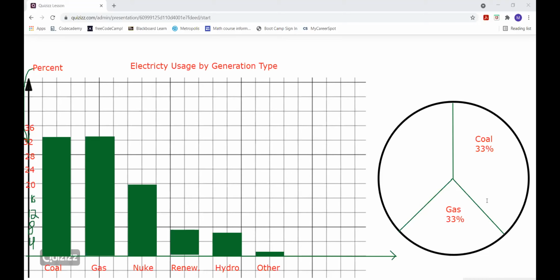If I wanted to measure this thing, that's probably not the best way to do 33%. 33.3 is a third. I would say that they're pretty close to being what, a third of the circle. The nuke is 20%. So if we do 20% of 360, that is what, 72 degrees?